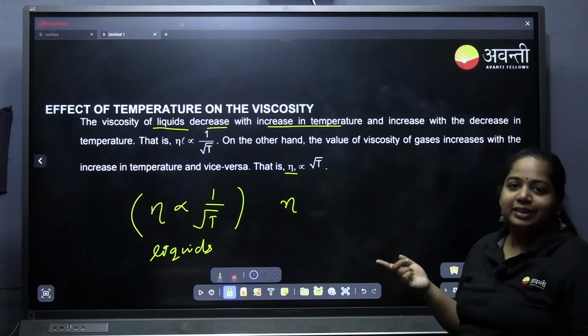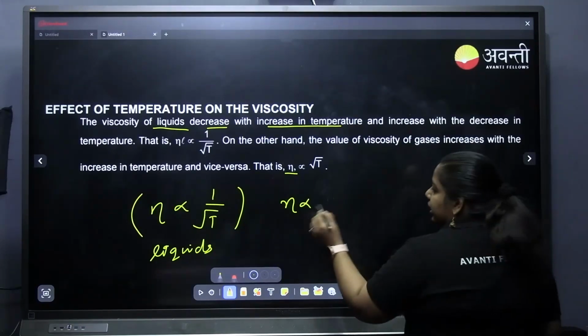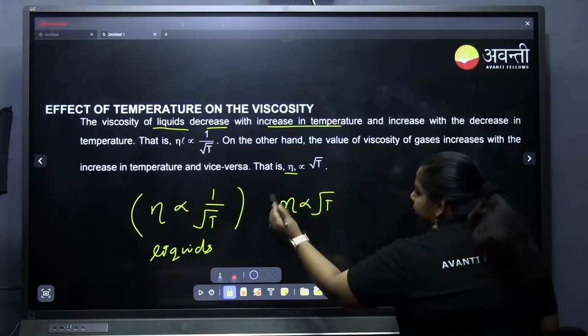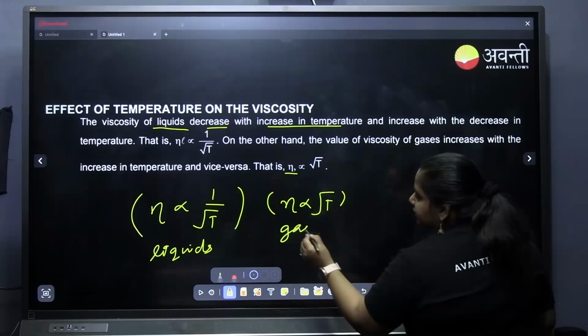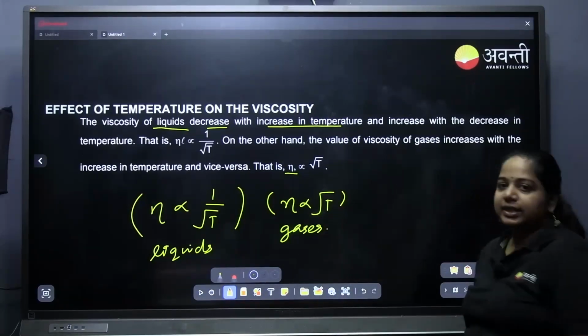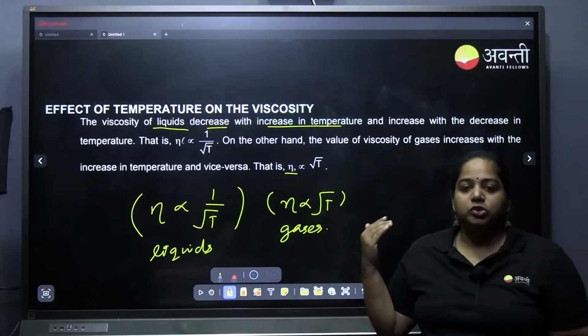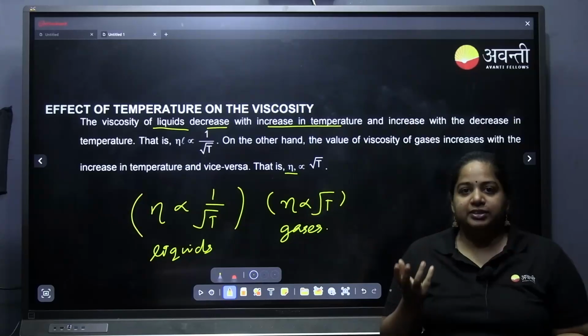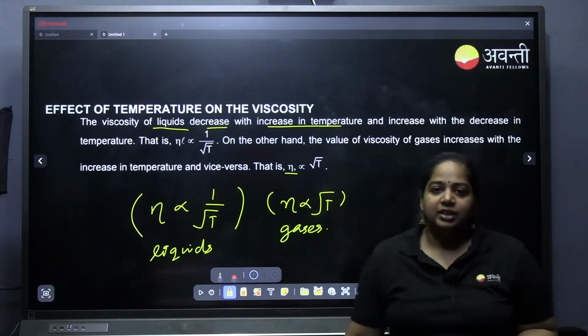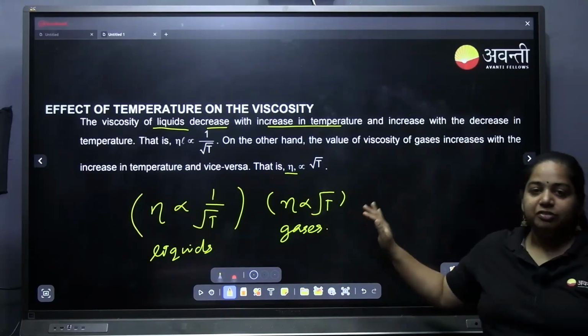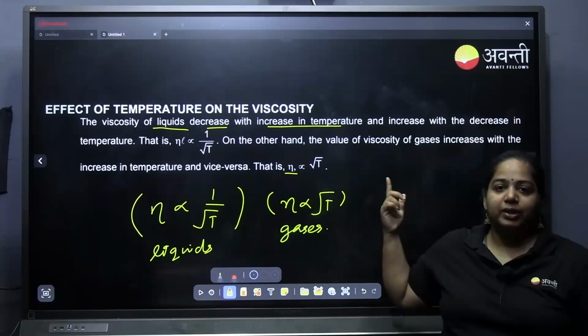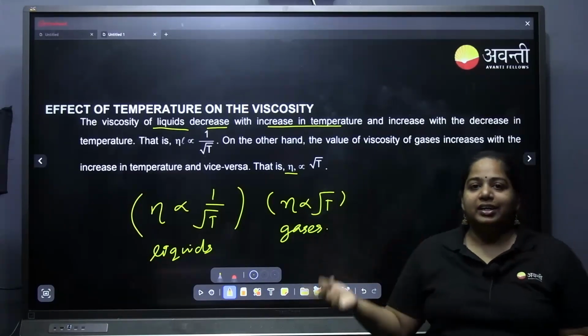When temperature increases, viscosity increases. Is that clear? For liquids, if you increase temperature, viscosity will decrease, which means resistive force will decrease. For gases, when you increase temperature, viscosity also increases.